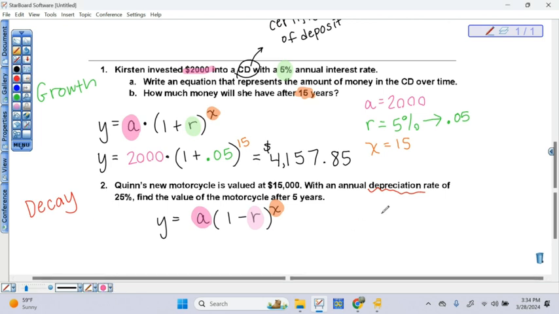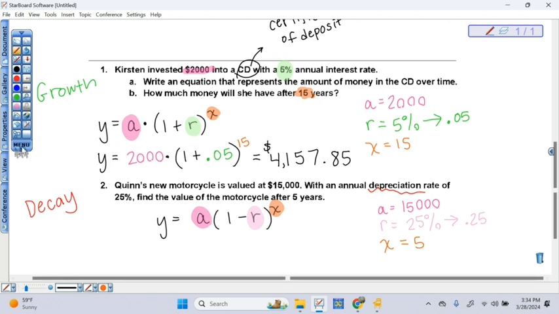So what's the starting amount? Good, 15,000. What is the decay rate? 25%, but how do I write 25%? Good, 0.25.